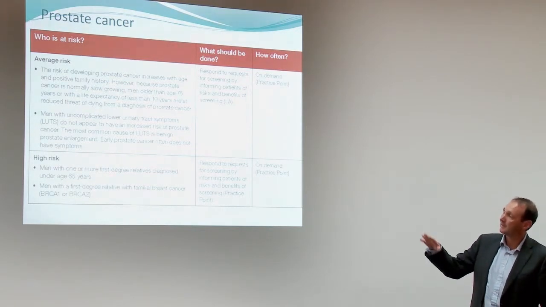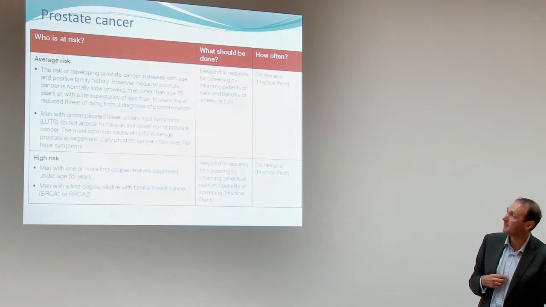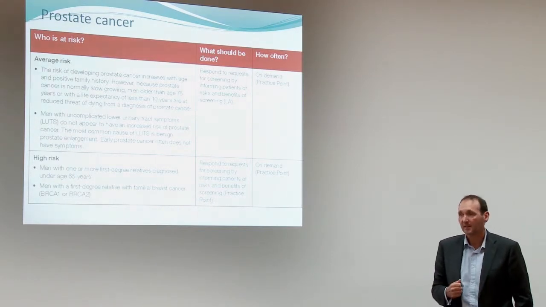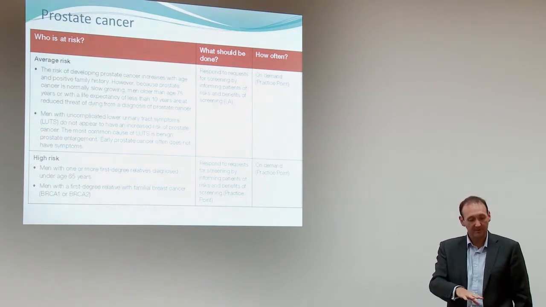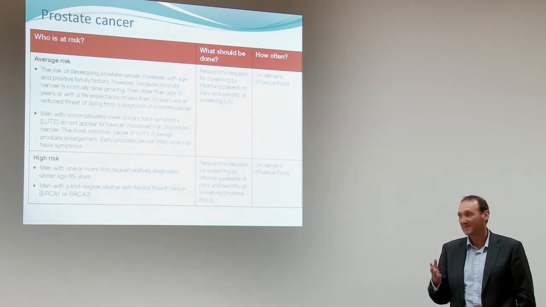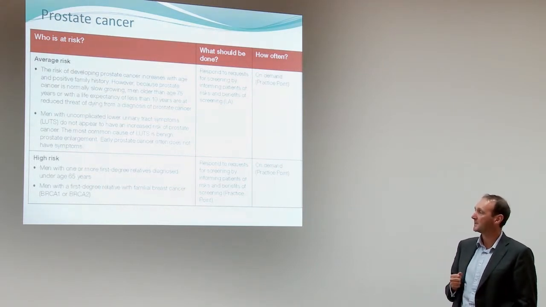The high-risk men, again, are consistent with our criteria, so a first-degree relative. They've actually increased the age to 65. When we produced the family history questionnaire, 60 was the cut-off. So they've upped the age limit a little bit.